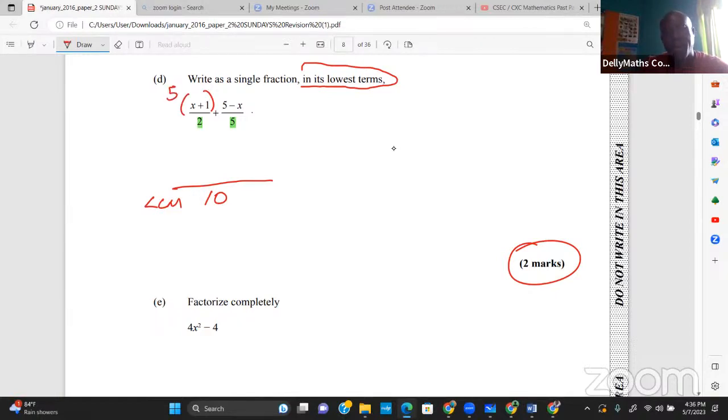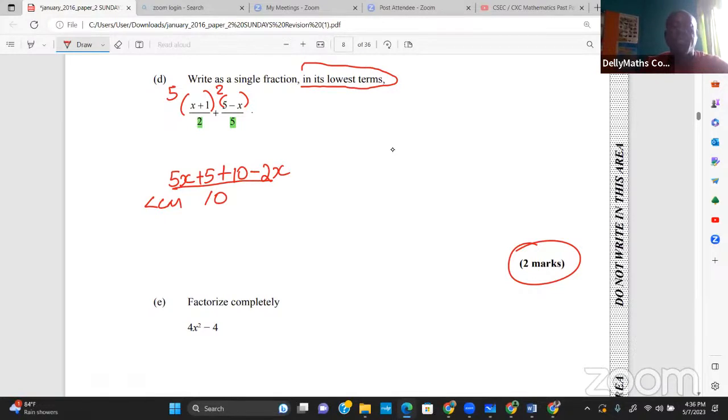So we're going to have 5 times x, that's 5x. 5 times 1, that's 5. Then now, this 5 that I have there, into the 10, and that goes 2 times. So I'll say 2 times 5 give me 10. 2 times negative x give me negative 2x.